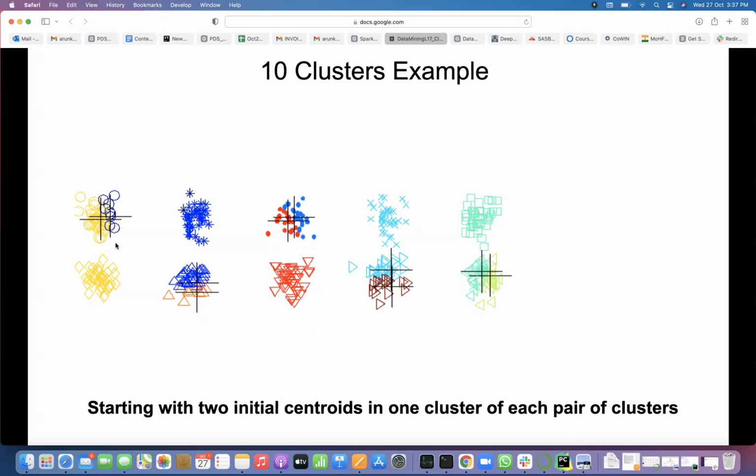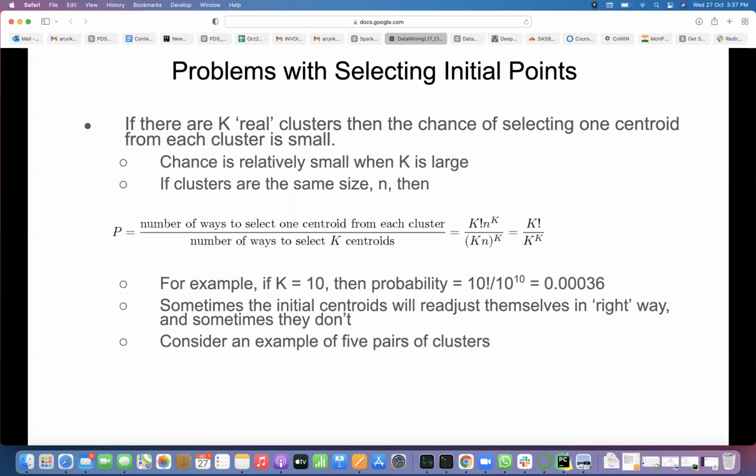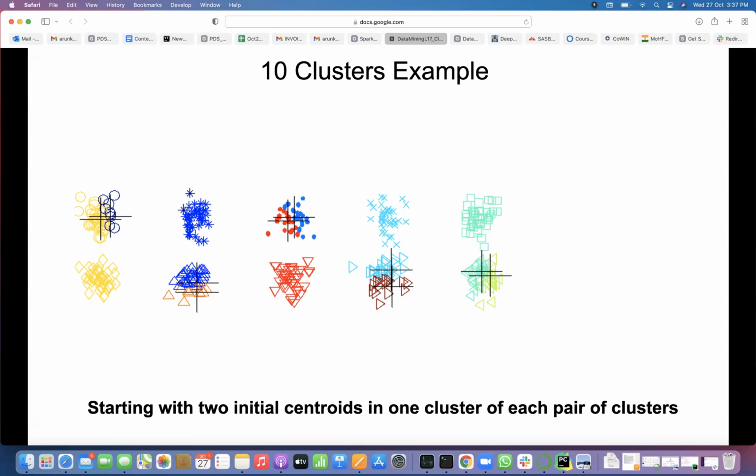Consider an example of 5 pairs of clusters. Here are 5 different runs. In which one did they adjust well? In none of them, right? The original clusters we don't know, but assume the top one is one cluster and the bottom one is another cluster. If you initialize 2 points from only the top, then you get something like this.